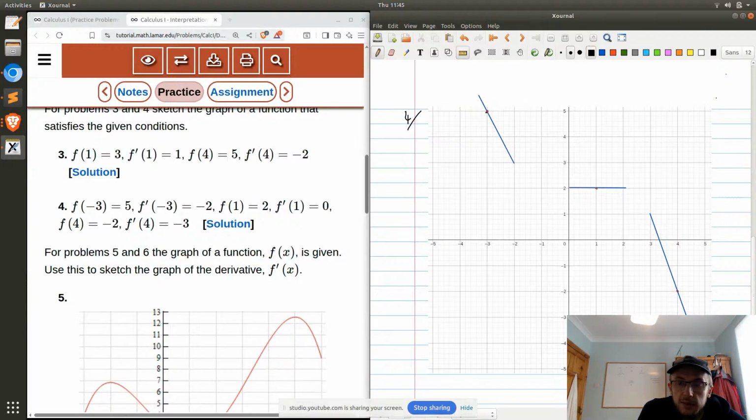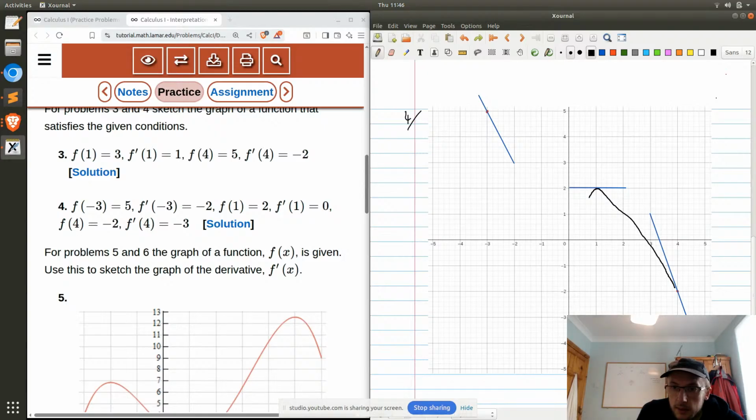And now we just need to make a line, a function rather, which passes through those points and reasonably has those tangents. So here, because the gradient is completely flat, I'm going to make a local maximum like that.